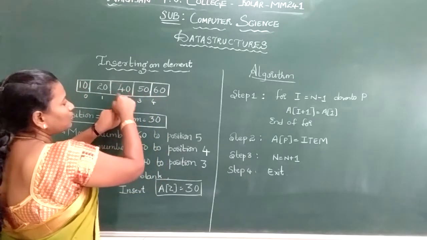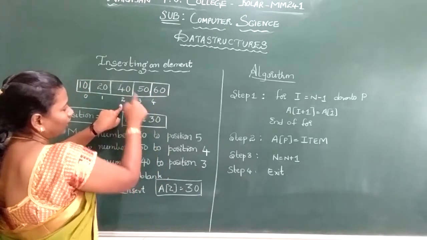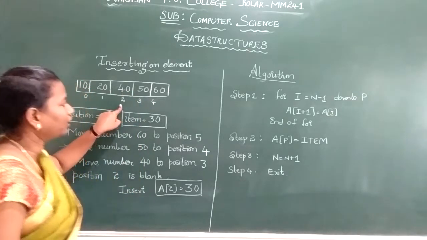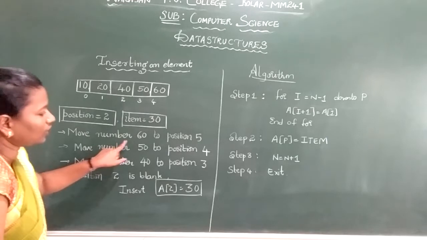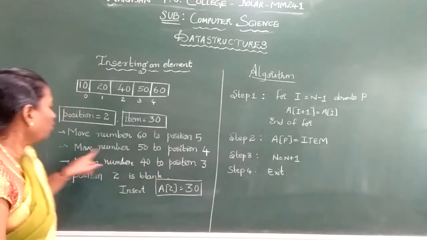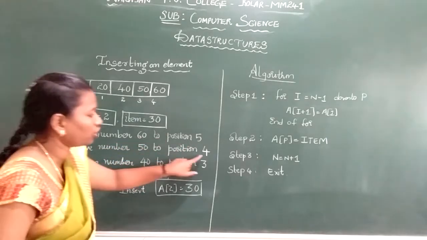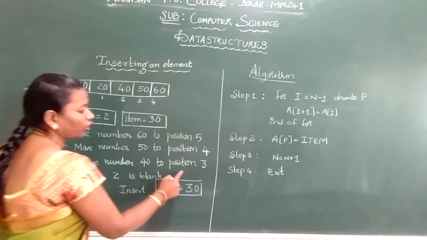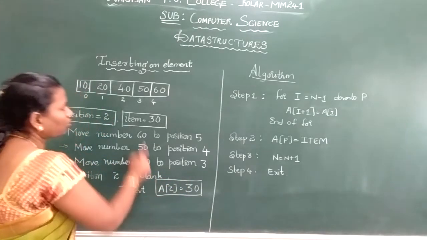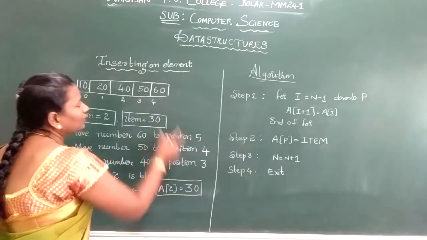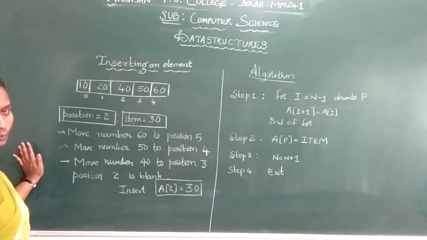At that time this place will be vacant, and we can insert the item 30 at position 2. See, I have written: move 60 to position 5, move 50 to position 4, move 40 to position 3. Position 2 is blank. So at that time I will insert 30 at position 2.